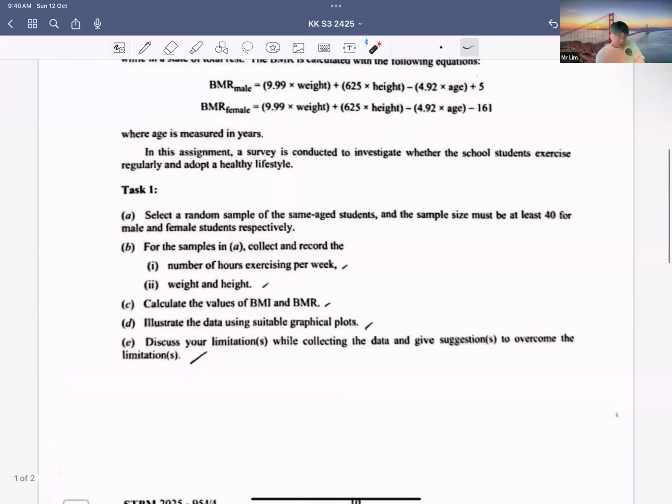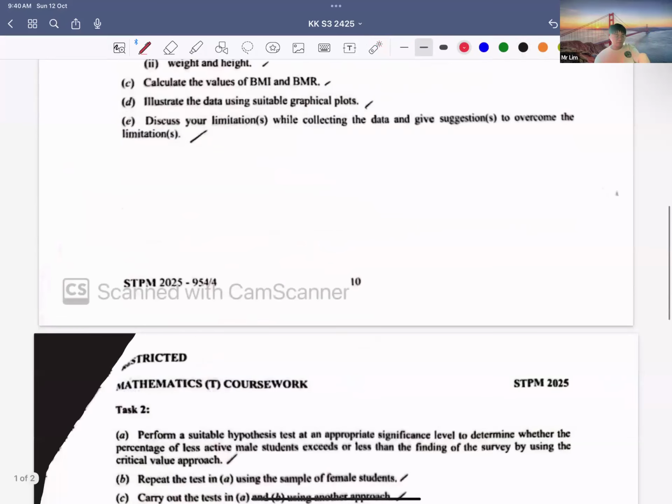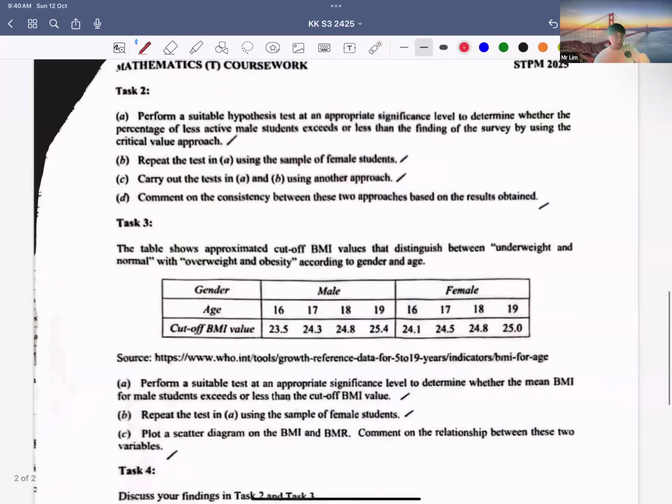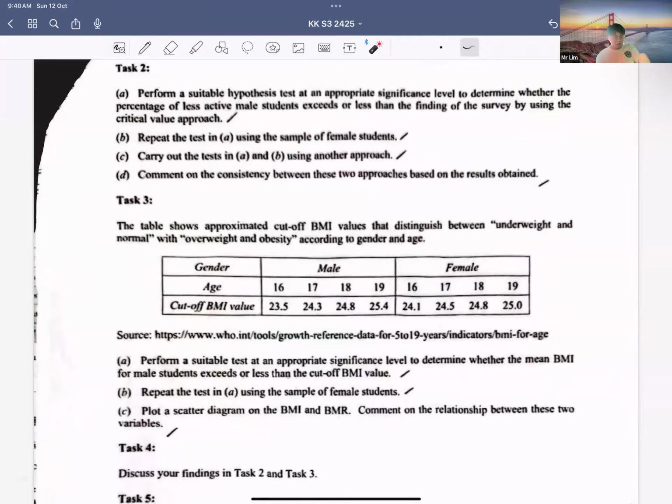I believe by this time most of your teachers haven't entered chapter 17 yet. If yes, then you can proceed to task 2. To finish everything in task 2 and task 3, basically everything is in chapter 17, and something which is beyond your syllabus, a bit on the last question.